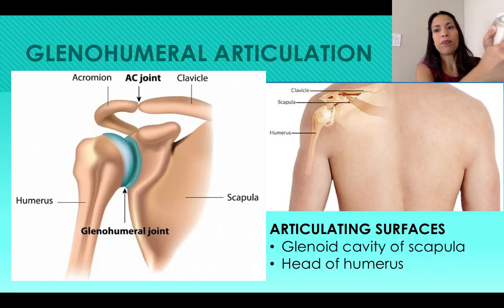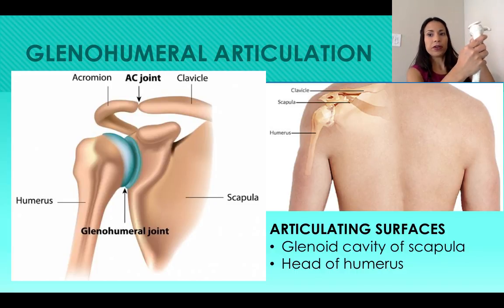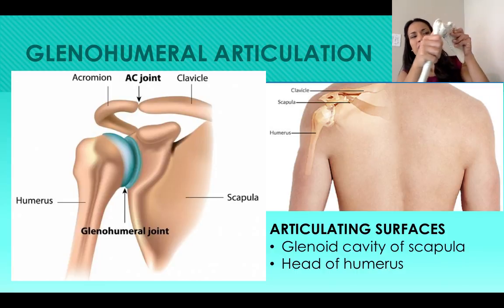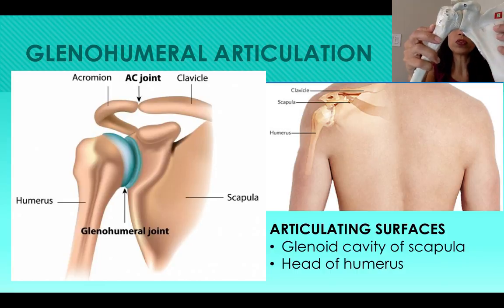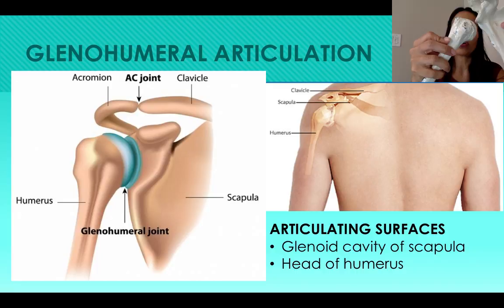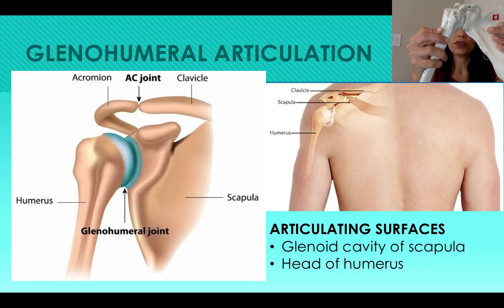The same thing posteriorly: it is not that common because the acromion stops the head of the humerus from moving away posteriorly from the glenoid cavity. So the two most common types of dislocations are inferior and anterior.